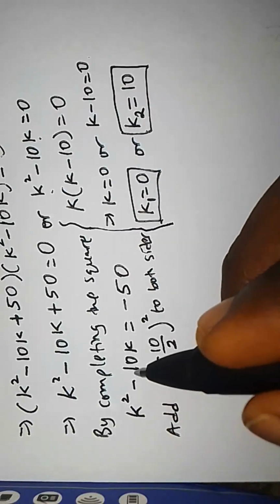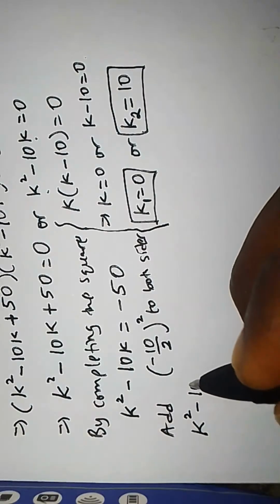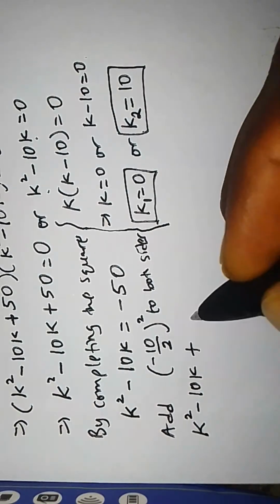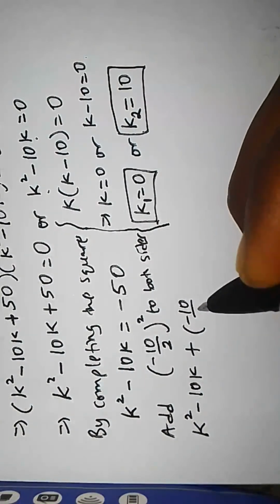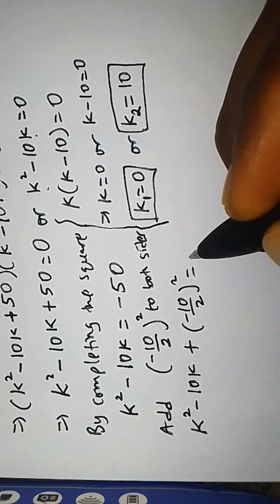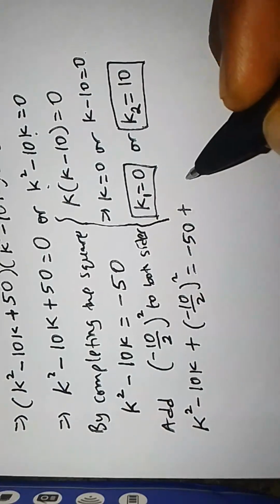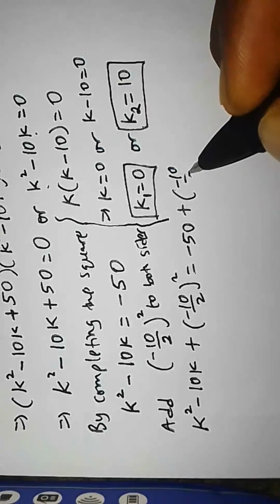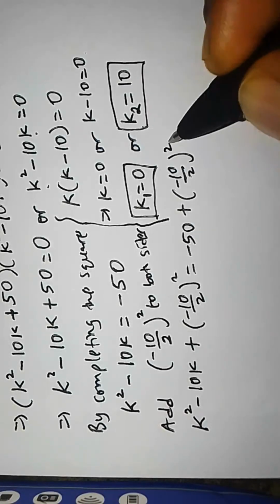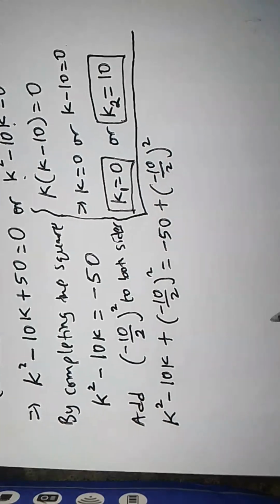Adding these to both sides, we have k squared minus 10k plus (minus 10 divided by 2) squared equal to the right hand side, minus 50 plus (minus 10 divided by 2) squared.